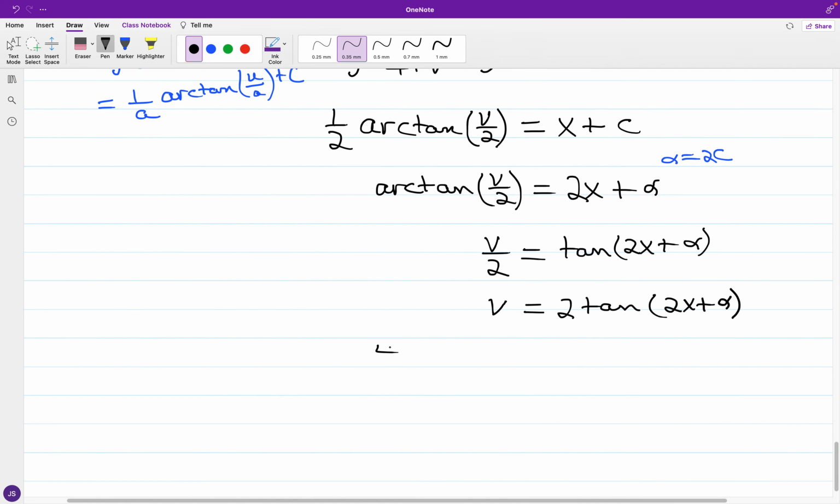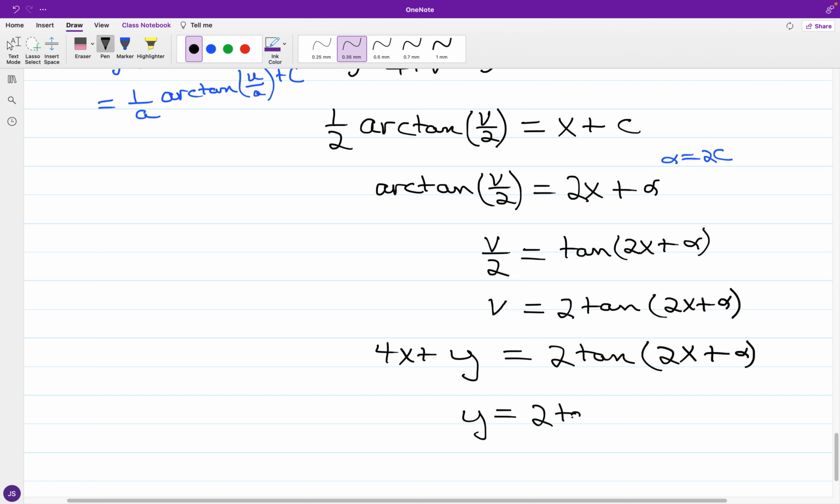Back substituting, we have 4x plus y equal to 2 times the tangent of 2x plus alpha, and getting y by itself, for the general solution we have 2 times the tangent of 2x plus alpha minus 4x.